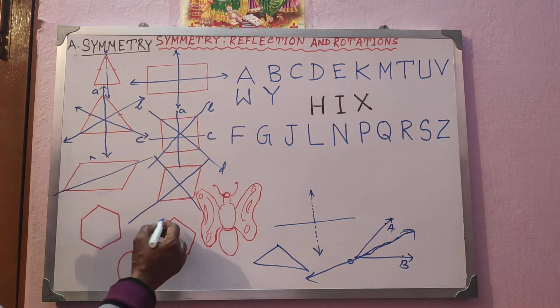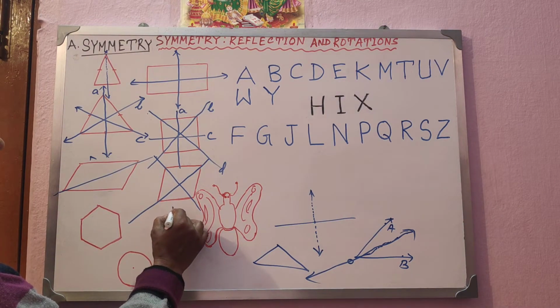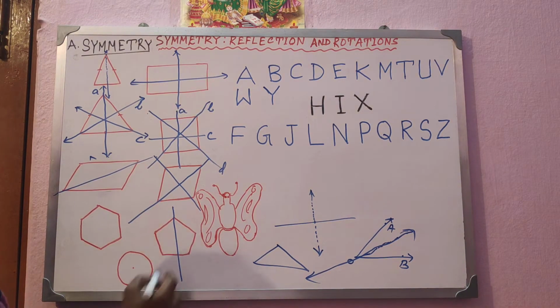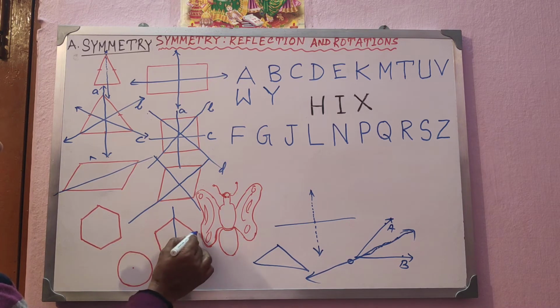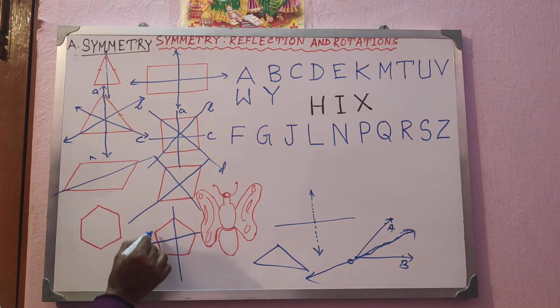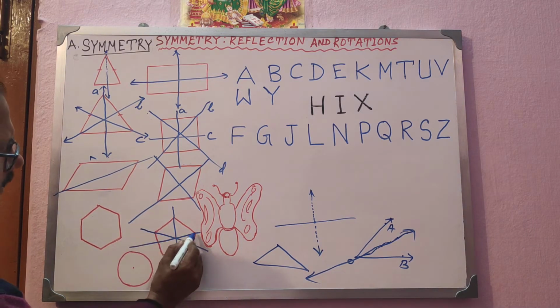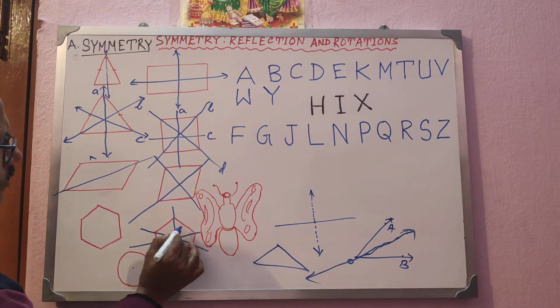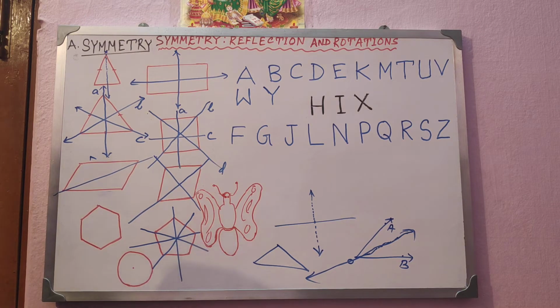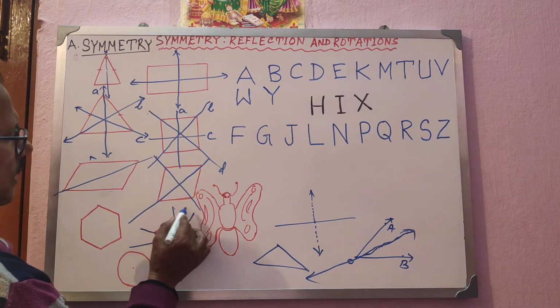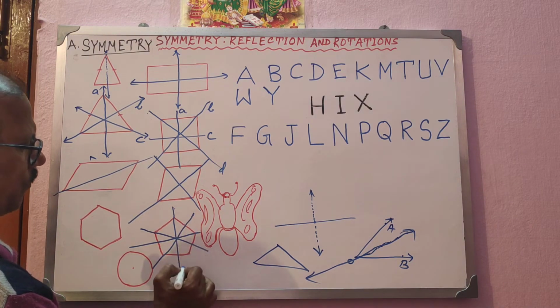Now try to understand. See, in the case of a pentagon, all the vertices crossing the vertex and opposite side midpoint, this vertex with the opposite side midpoint, this vertex with the opposite side midpoint. That many lines of symmetry can be drawn. How many lines of symmetry? You can find 1, 2, 3, 4, 5 lines.